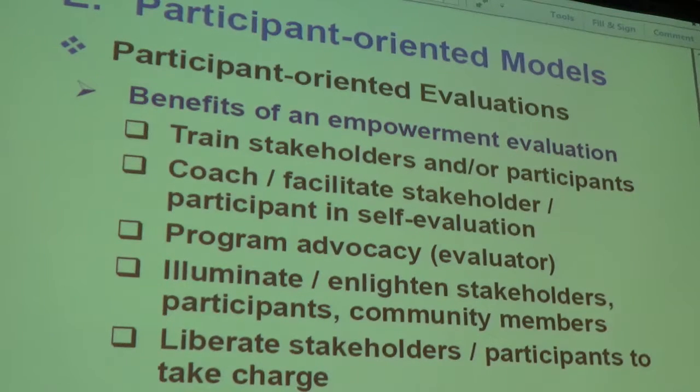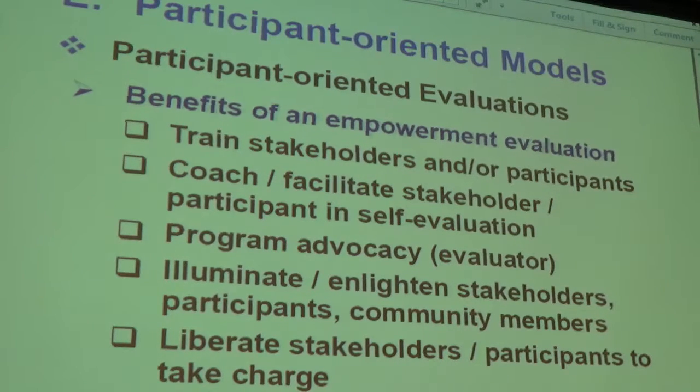The other aspect is that, given that you're looking at the least powerful individuals that are affected and are participants in the program and service, you try to enlighten them with respect to what the program is supposed to be accomplishing, how the program and services are delivered. You try to enlighten the staff as to what is done correctly or appropriately, what isn't working.